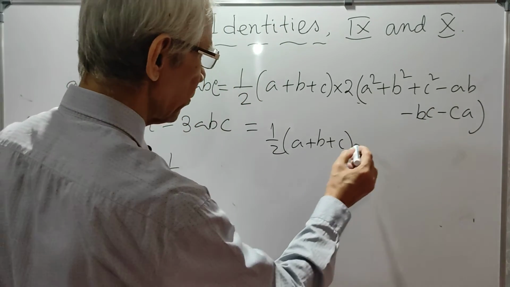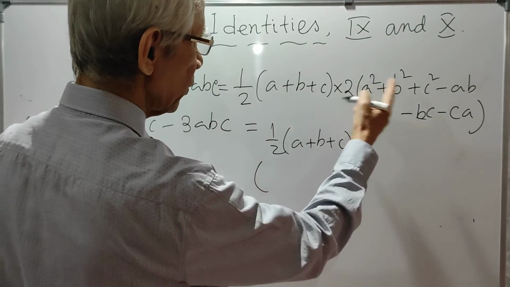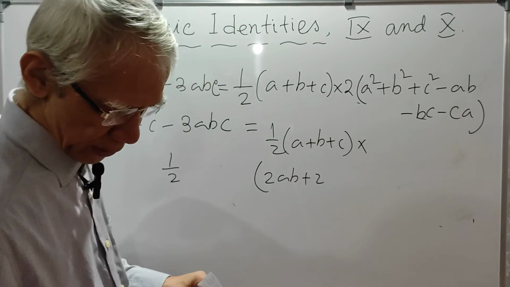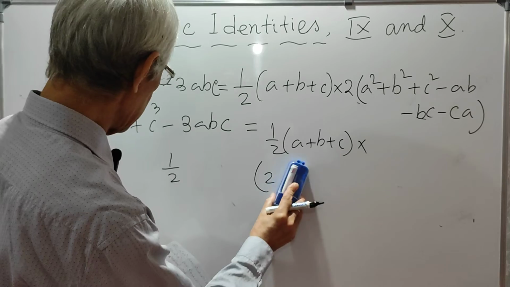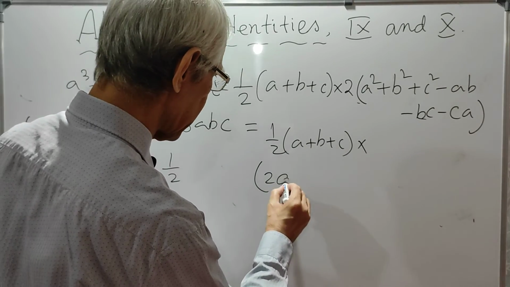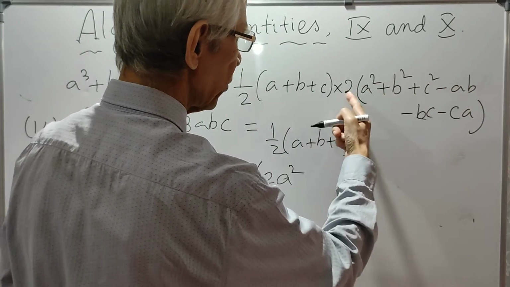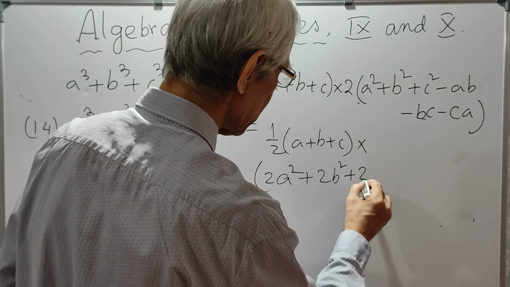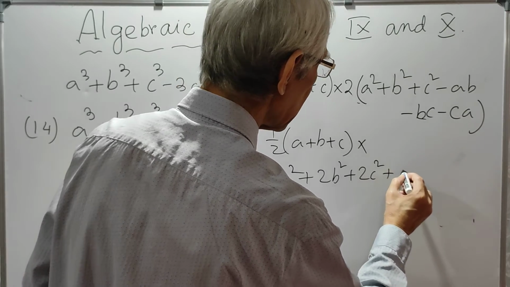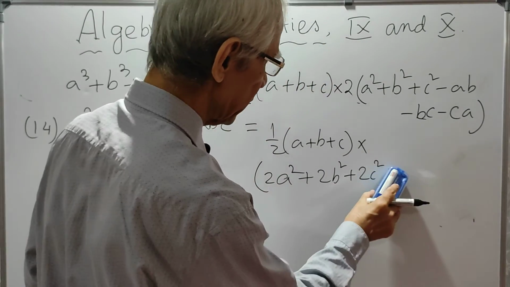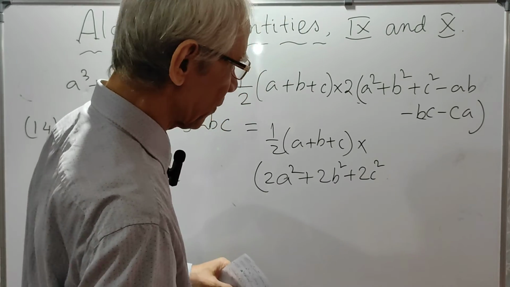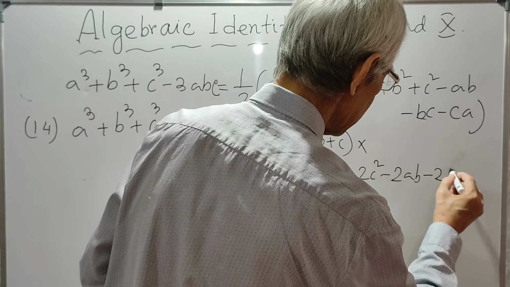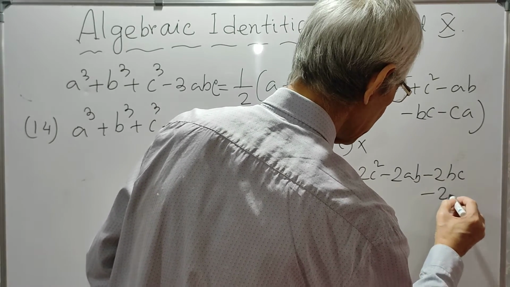So twice a square, 2a square plus 2b square plus 2c square, minus 2ab, minus 2bc, minus 2ca.